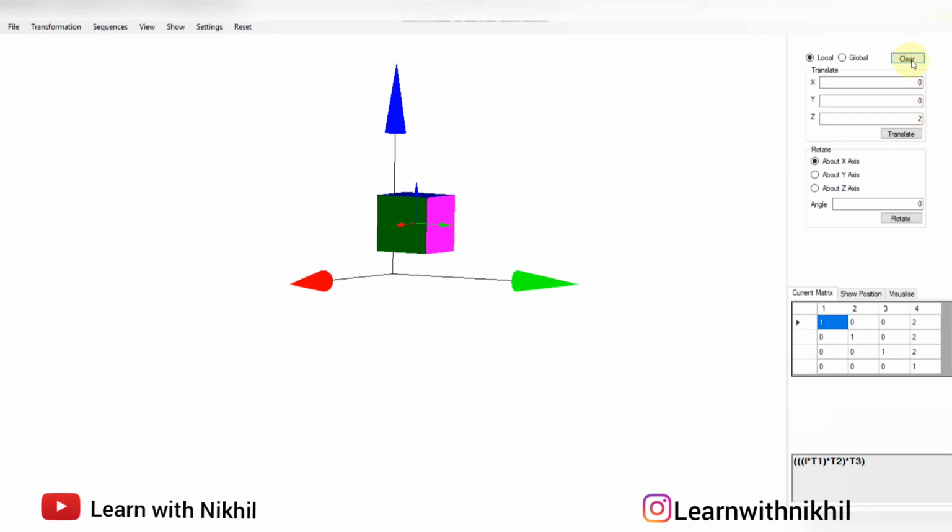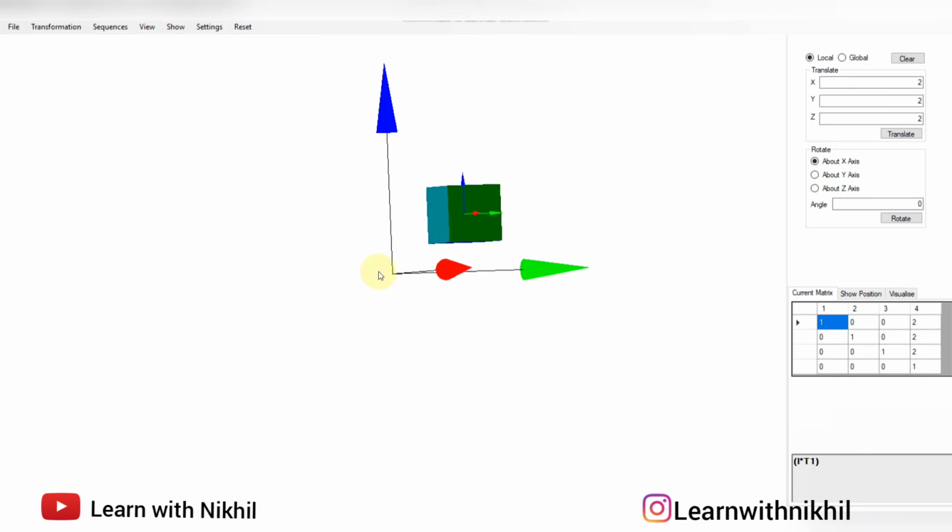I'll take some more examples. For that you can make this clear. So this got clear. We can reset it. Now when we reset, as you can see, this is the identity matrix. Here you have 0 0 0. Directly also you can give these values like 2 2 2. So when I write this as 2 2 2, I'll make this a cube again. I'll translate. So this directly translated from this point to here.